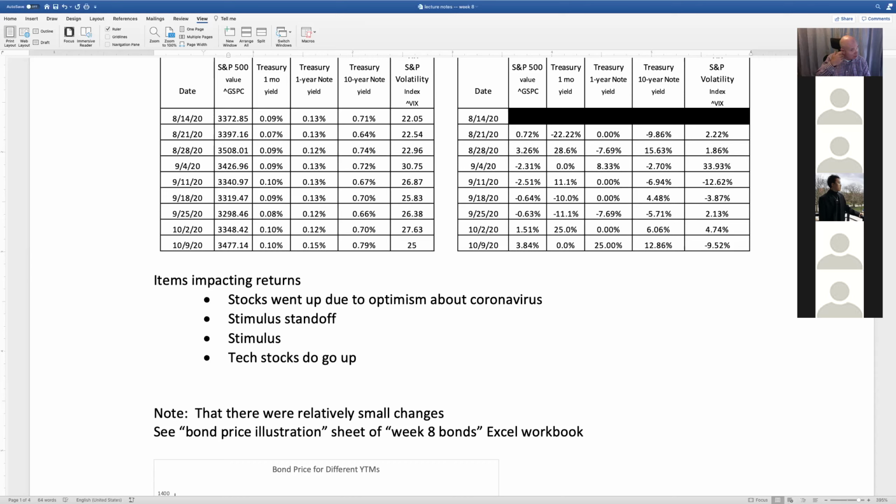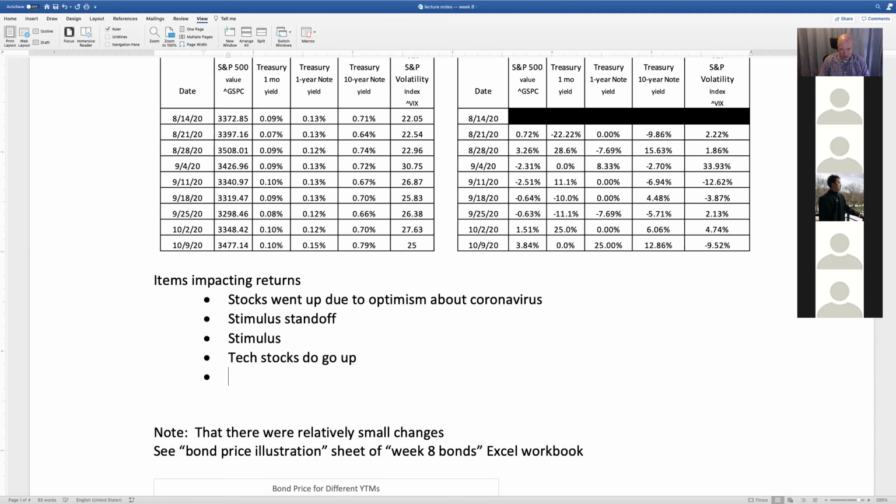We've had some discussion of the stimulus package this week, and tech stocks did go up this week again. Yeah, that's true as well. The pace of dividend cuts by companies declined.